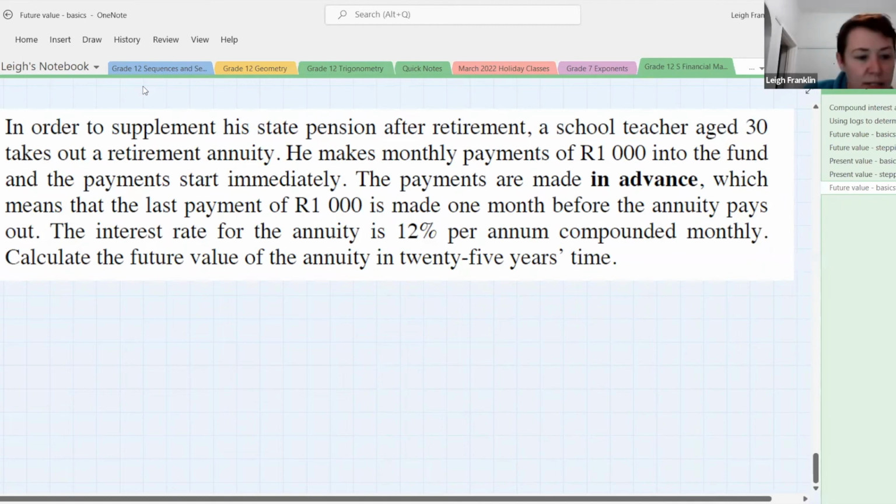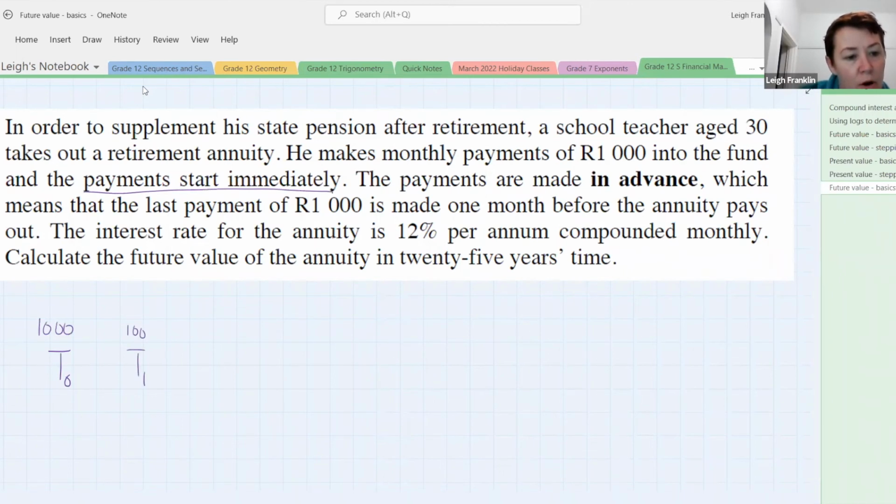At T0 they're implying the payments start immediately, so there's an immediate payment of 1,000 Rand. Then he continues to make payments of 1,000 Rand at T1, T2, etc., all the way 25 years into the future.